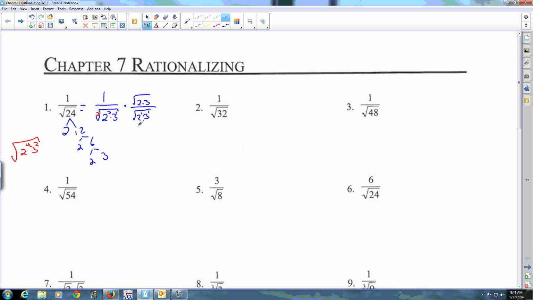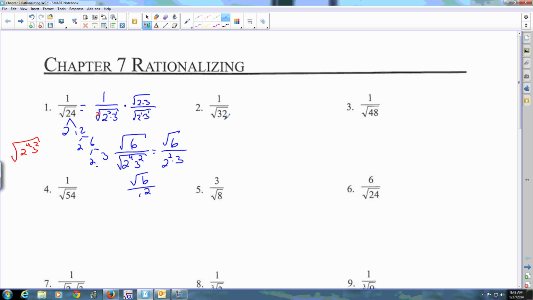So, multiplying straight across the top, you can just write that as square root of 6 if you like, over the bottom is now 2 to the fourth, 3 squared. So the top is square root of 6, and the bottom, 2 to the fourth comes out as 2 squared, 3 squared comes out as 3. Or in other words, 12. 4 times 3 is 12. And no, you can't reduce this because that's in a radical, that's not in a radical.